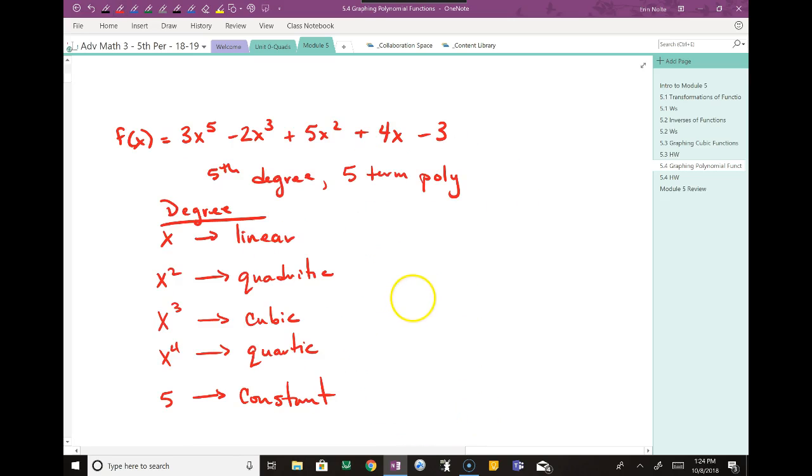Okay, as far as your amount of terms, one term is called a mono, how do you spell it? Monomial. Yeah, right? Two terms?